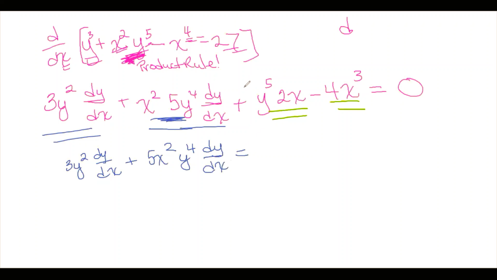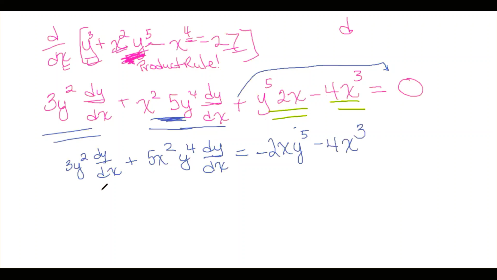is equal to, and now that's going to be a negative, I'm moving it over here. So it's equal to negative 2xy to the fifth, that order doesn't matter, but it looks better, minus 4x to the third.